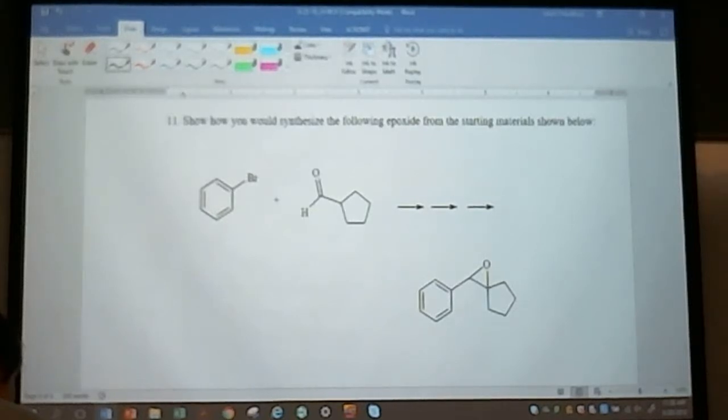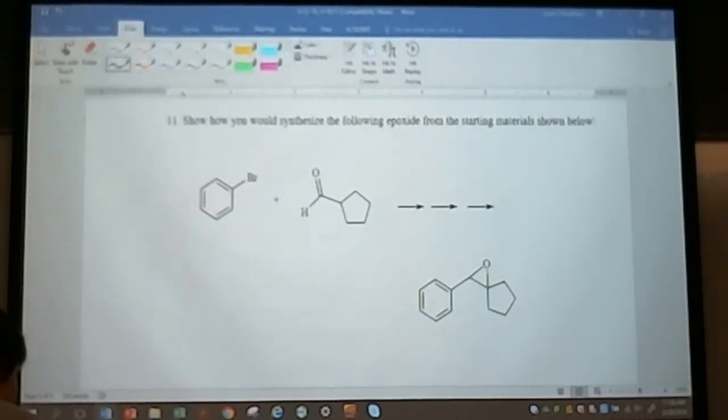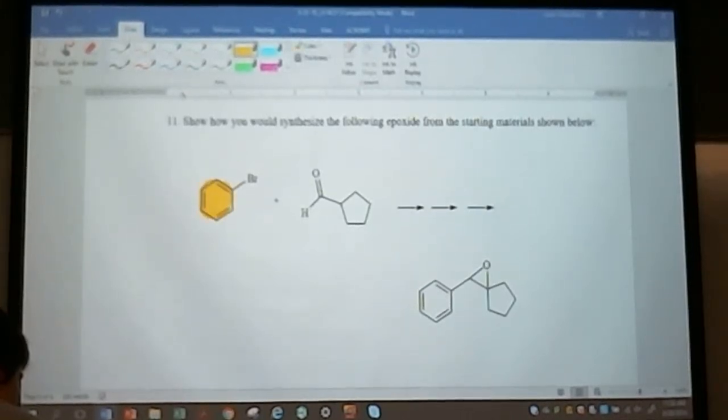Now, first and foremost, you need to look at the pieces that you're starting from and figure out where those pieces are in your product. So, clearly here there's a benzene ring that we still have in here.